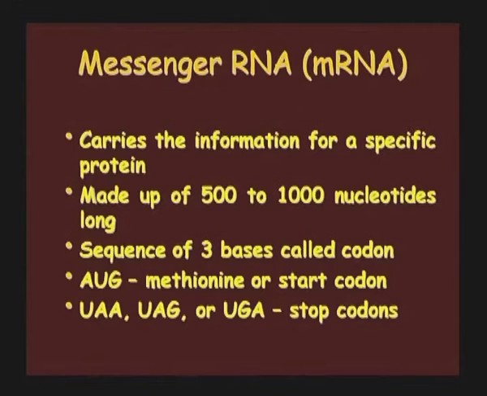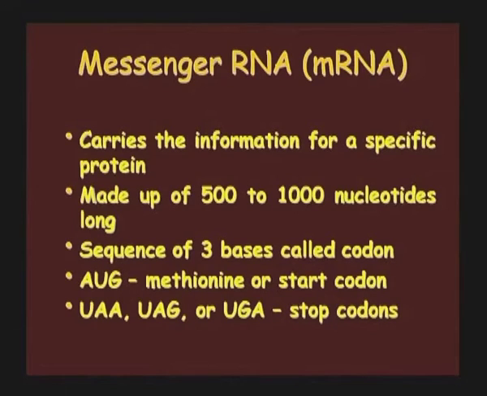The messenger RNA or mRNA carries the information for a specific protein. It is made up of a 500 to 1000 nucleotide long sequence of 3 bases called codons. AUG codes for methionine, which is a start codon. UAA, UAG or UGA are stop codons.